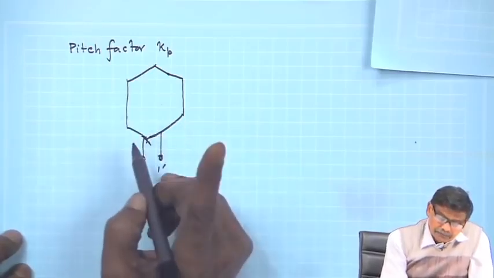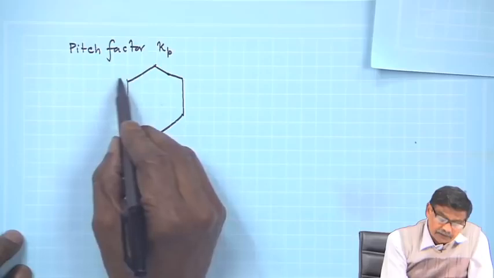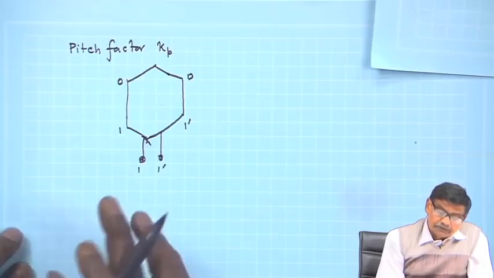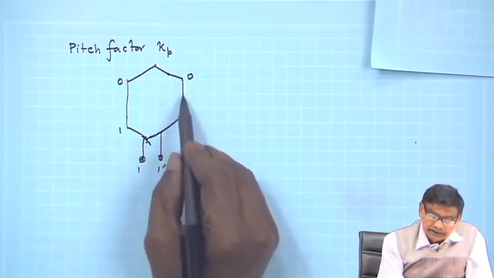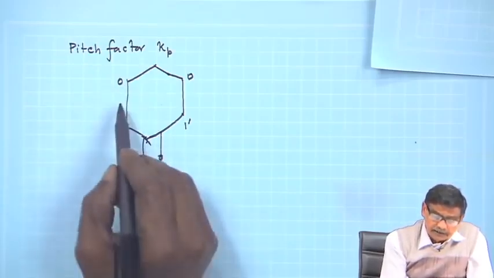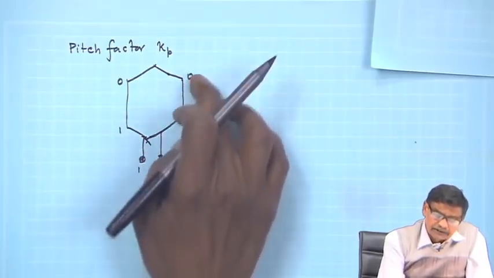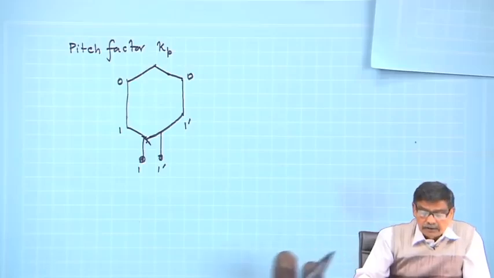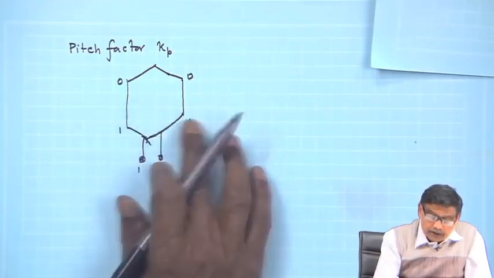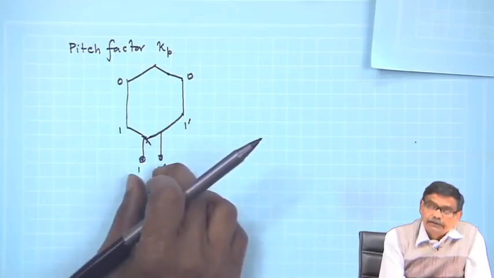I told you if this is 1 0 I was calling, this is 1 dashed 0. I told you to see that the other coil side 1 dash 0 is, if 1 0 is under the center of a south pole at any time, try to see it is placed in such a slot that it comes under the center of north pole. That is opposite, under opposite polarity of equal strength it should come, so that you maximize the voltage.